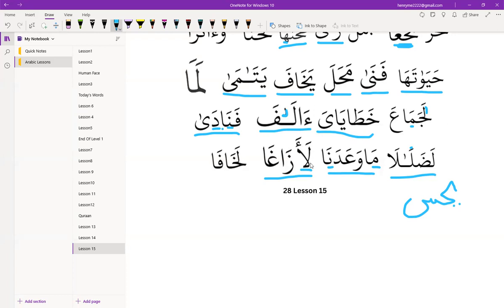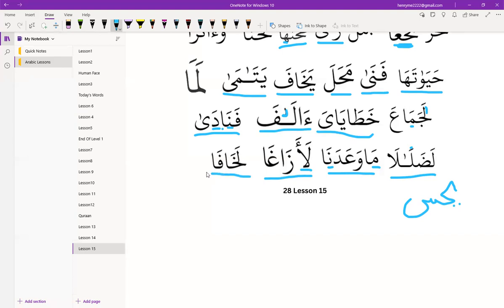So we can't say la. It would be la azagha. You see that the first la is very short. Why? Because the alif here has hamza on top of it. If there is no hamza, it would be la, but there is hamza, so la azagha.